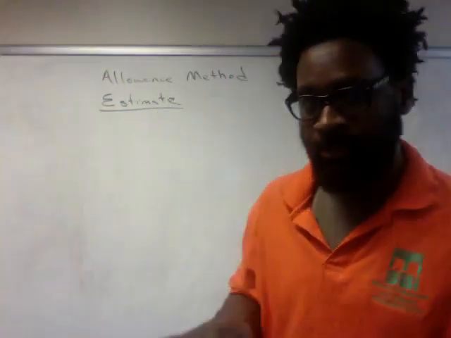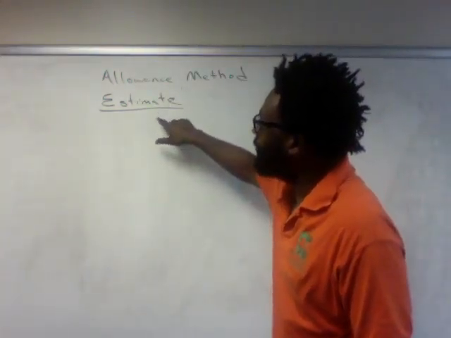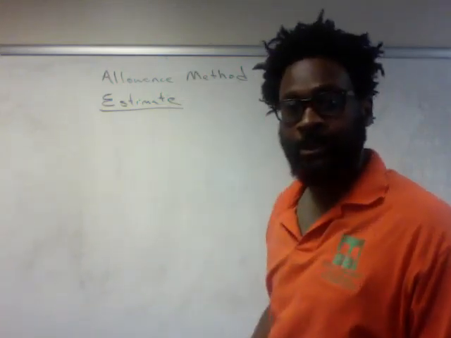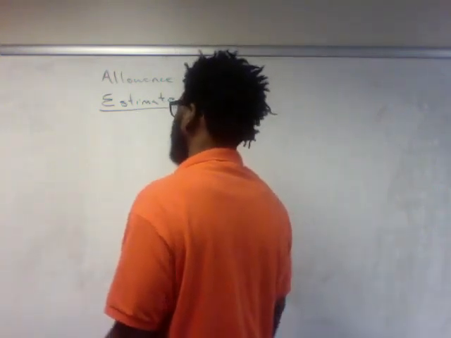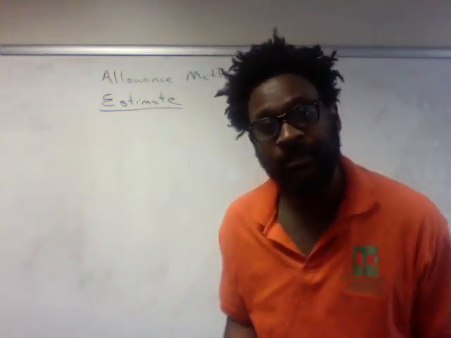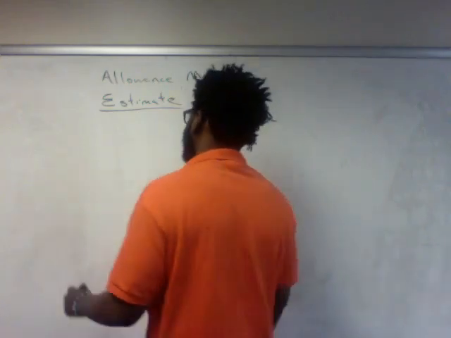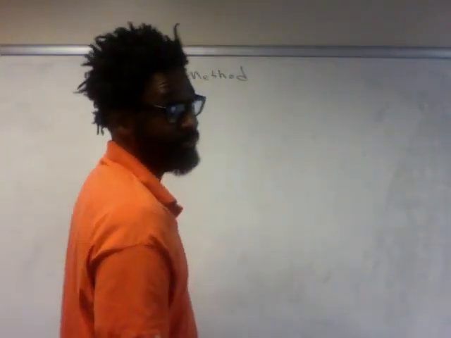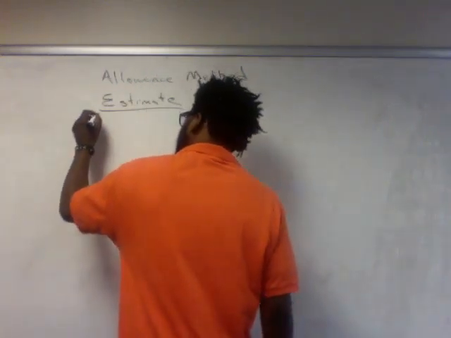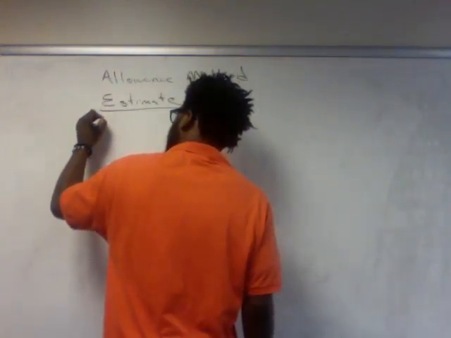So that's good. But when it's time to make the estimate under the allowance method, we have to know how to make the journal entry. Anytime that you make an estimate under the allowance method, two things are going to occur. You're going to create an expense, and you're going to affect accounts receivable. Now, how are we going to create the expense?